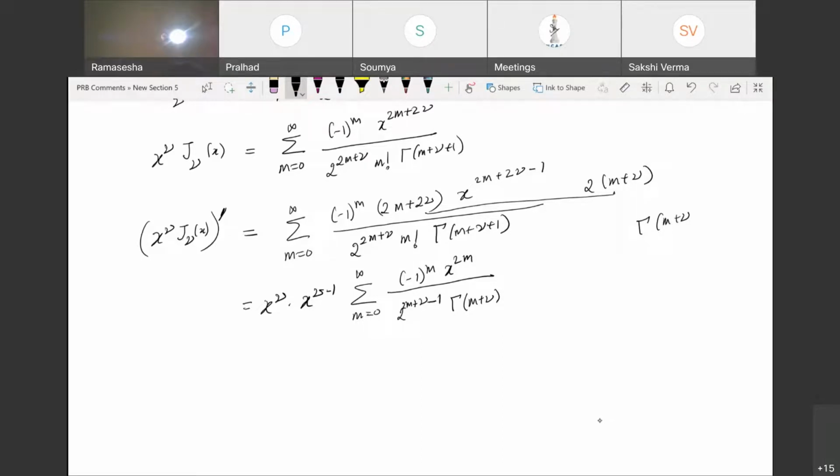Or m plus nu divided by gamma m plus nu plus 1 is equal to m plus nu by m plus nu factorial, which is equal to 1 upon m plus nu minus 1 factorial, because m plus nu cancels in the denominator. Okay, and this is equal to gamma m plus nu.